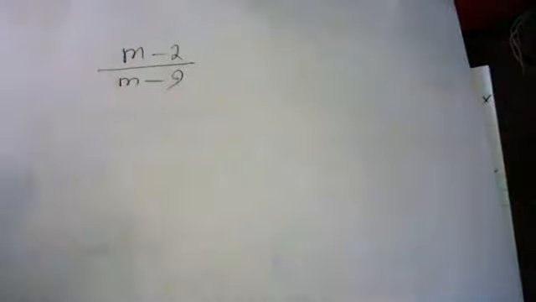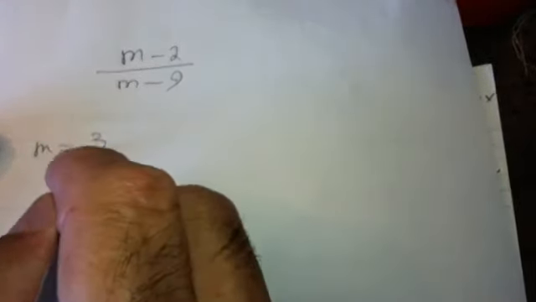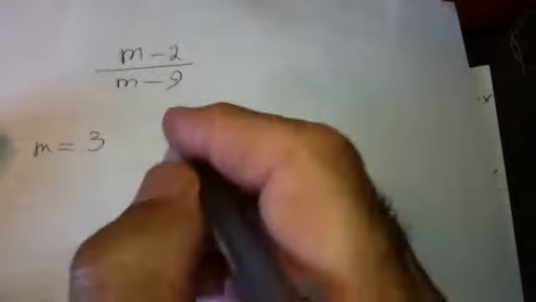Can I put any numbers for the m and see what happens? Okay, let me show you this. You have these numbers, right? So let's say I put 3 for m.